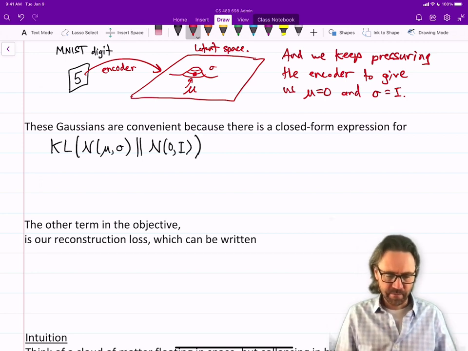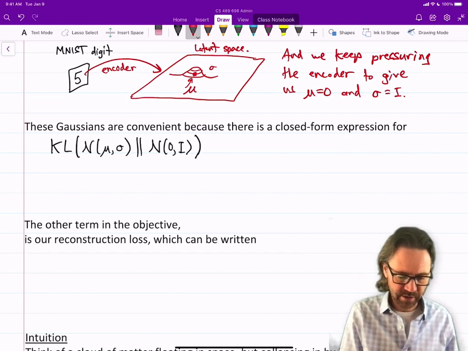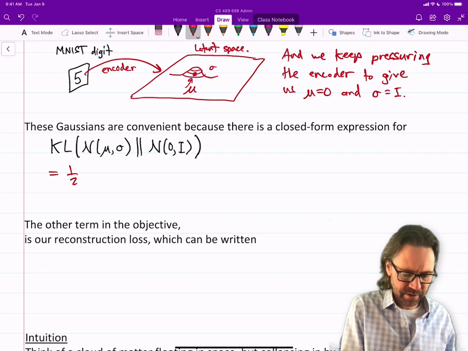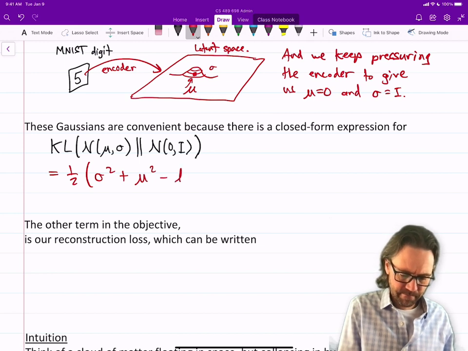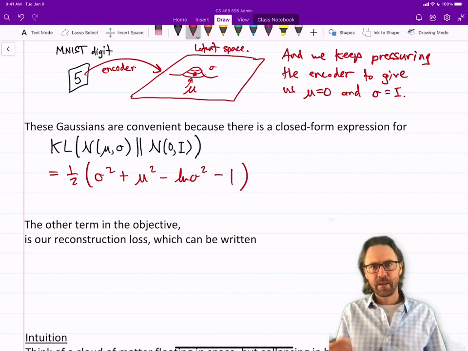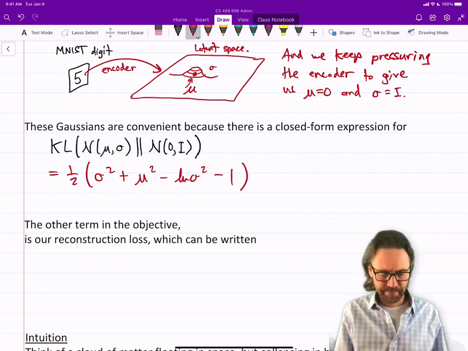But there's a closed form solution for two arbitrary Gaussian or normal distributions. This is a simplified version because one of the normal distributions is a standard normal. Okay, so that's the formula. You can work it out yourself.